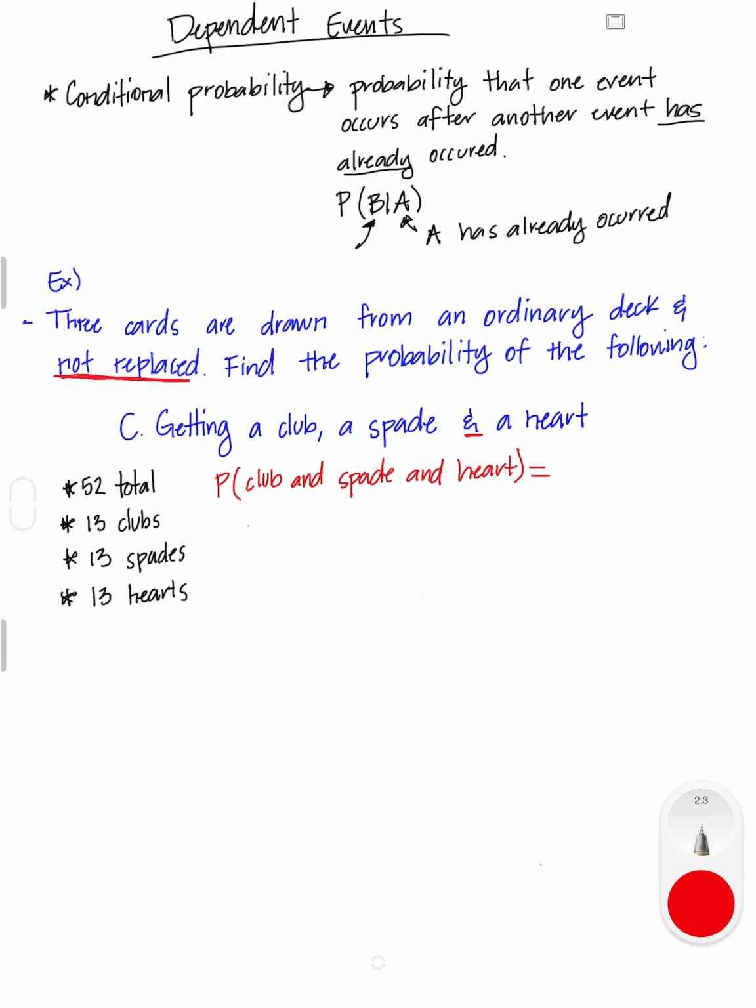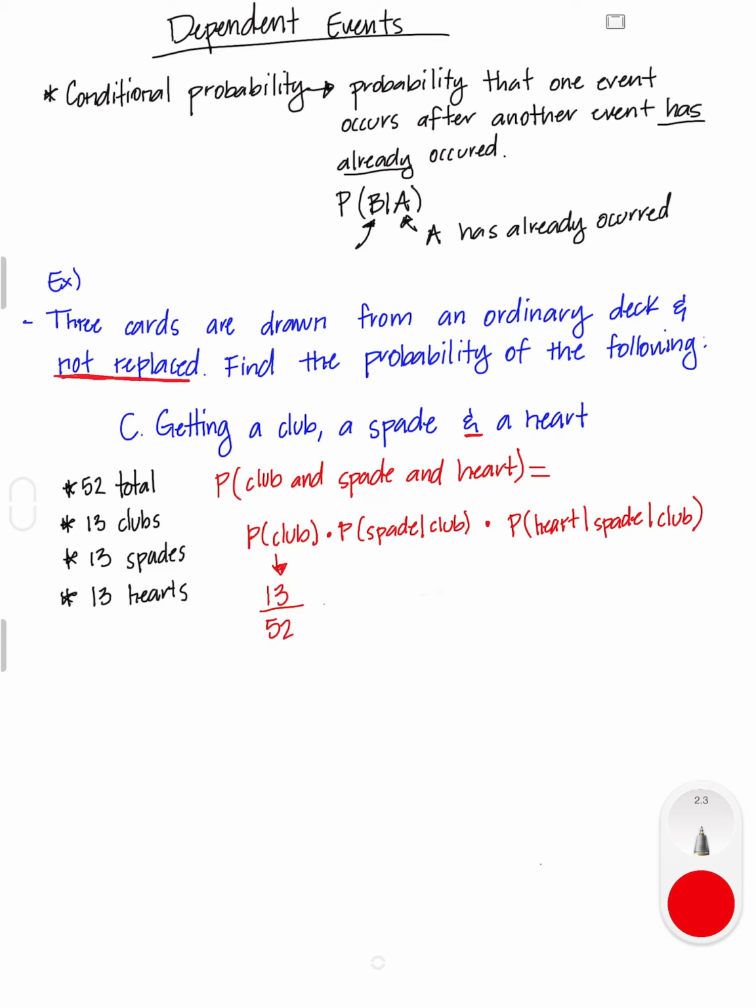And that means that we're gonna have to find the probability, and I'm gonna do it down here, of a club times the probability of a spade once we had selected a club, and the probability of a heart once we had selected a spade and a club.